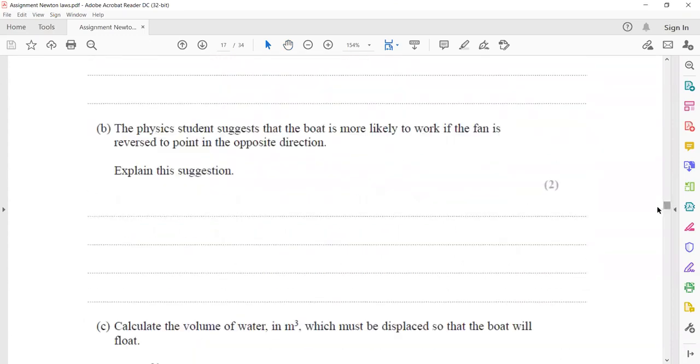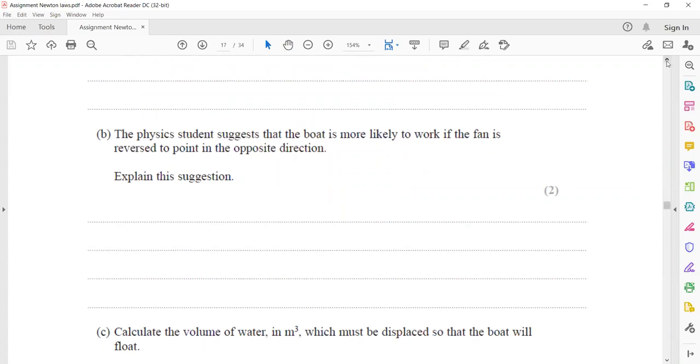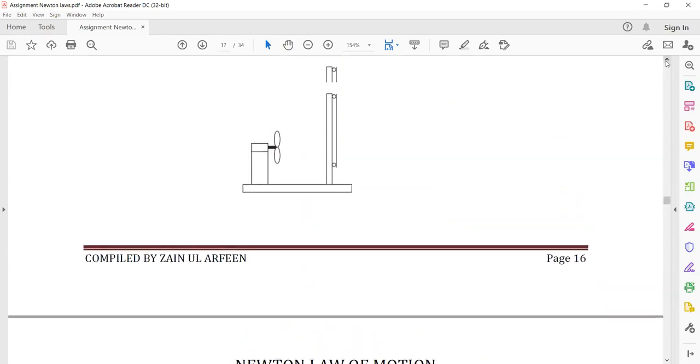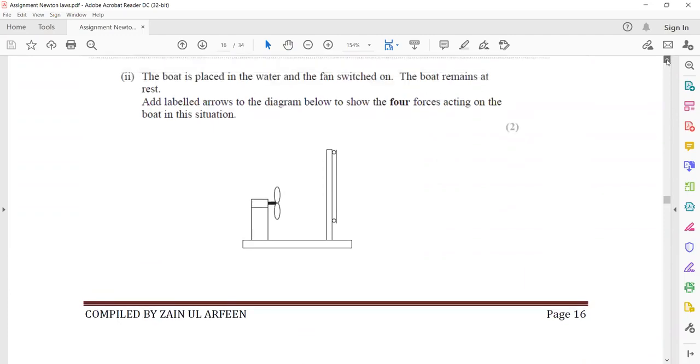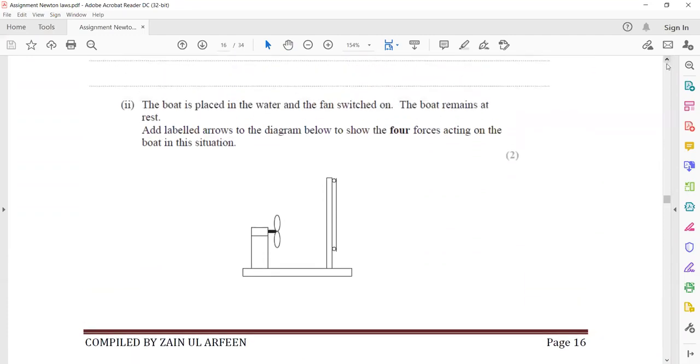Then the physics student suggested that the boat will more likely move if the fan is reversed to point in the opposite direction. So if we change the position of the fan, not the position, we just change the direction of this.